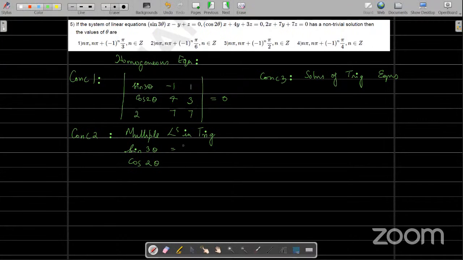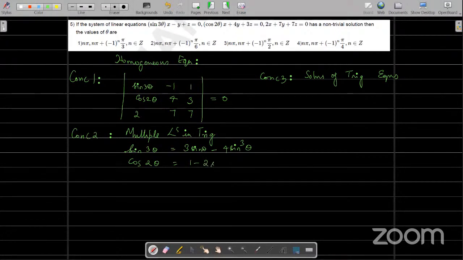so anyone remembers what is sine 3 theta? Three sine theta minus 4 sine cube theta. Okay, and cos 2 theta? One minus 2 sine square theta.